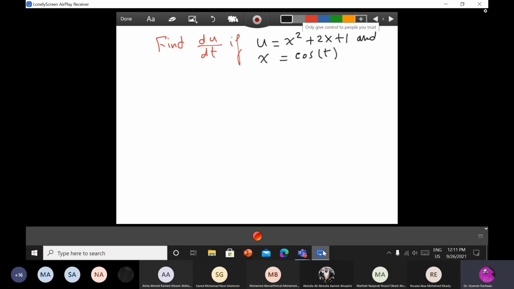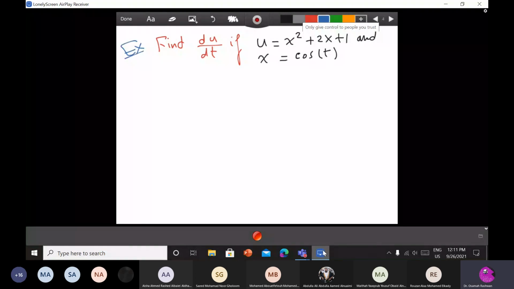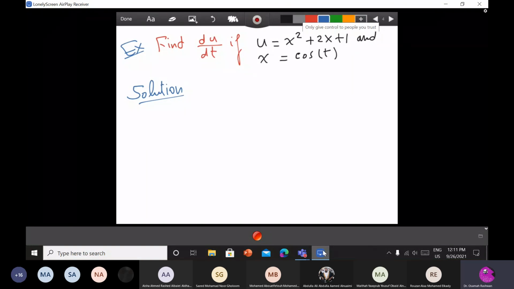So what I'm going to do with this one, I'm going to use the chain rule. What is the chain rule? I'm looking for du by dt. I cannot differentiate u straightforwardly with respect to t, but I can differentiate u with respect to x. That's fine. And then I can differentiate x with respect to t. Yes, it will be the same as du by dt. Let's do it.